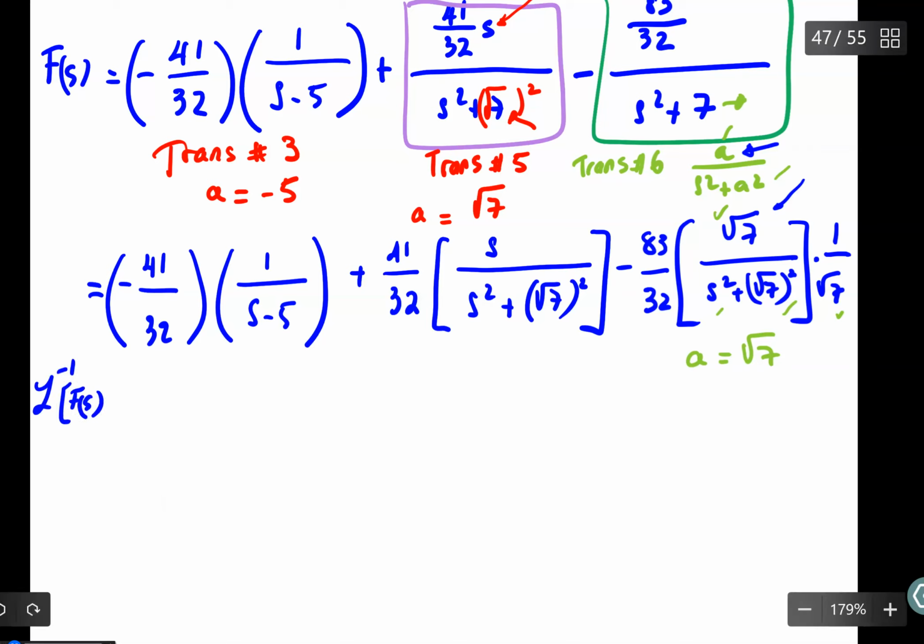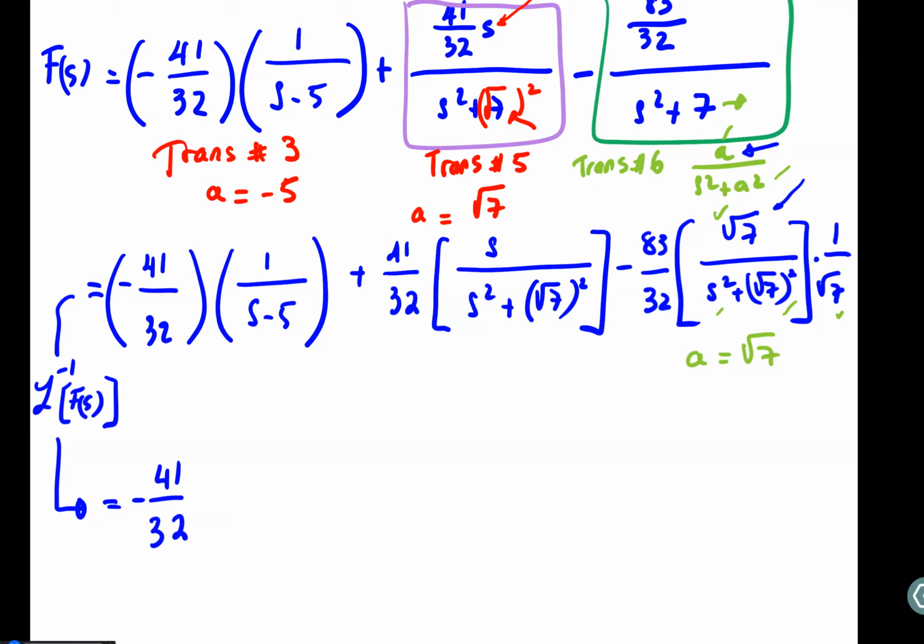So now I'm going to transform this into a function in terms of time. Alright, let's write that down. I will have negative 41 over 32, transform number 5, I should write e to the negative a t, so it's negative of negative 5, so I should have 5 times t.